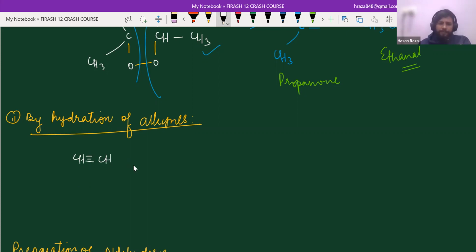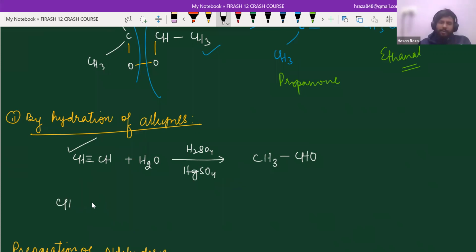And if you are going to react it with water in the presence of H2SO4 and HgSO4, it will give you directly CH3CHO. Other than this, if you are going to take CH3, C triple bond CH, and do the hydration of this, you will be getting ketone, CH3, C double bond O, CH3. This is what you will get.